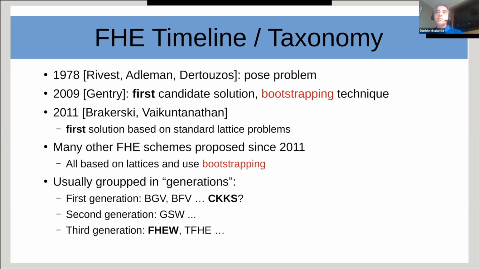So the schemes that I will be focusing on in this talk are essentially FHEW, this third generation method to perform encryption, and CKKS, a different method that sometimes is put as a different category on its own because it is approximate, and I'm putting it here in the first generation because it is still using multiplication by tensoring, but we will see how approximation is something that can make a big difference.